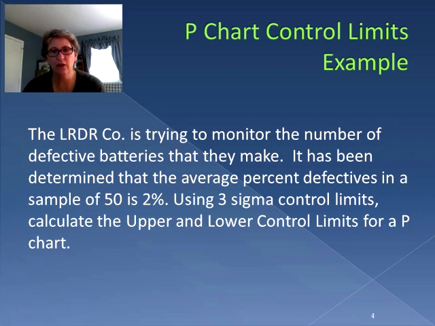The LRDR company is trying to monitor the number of defective batteries that they make. It's been determined that the average percent defective in a sample of 50 is 2%. So we're going to use 3 sigma control limits and calculate an upper and lower control limit for a P chart.